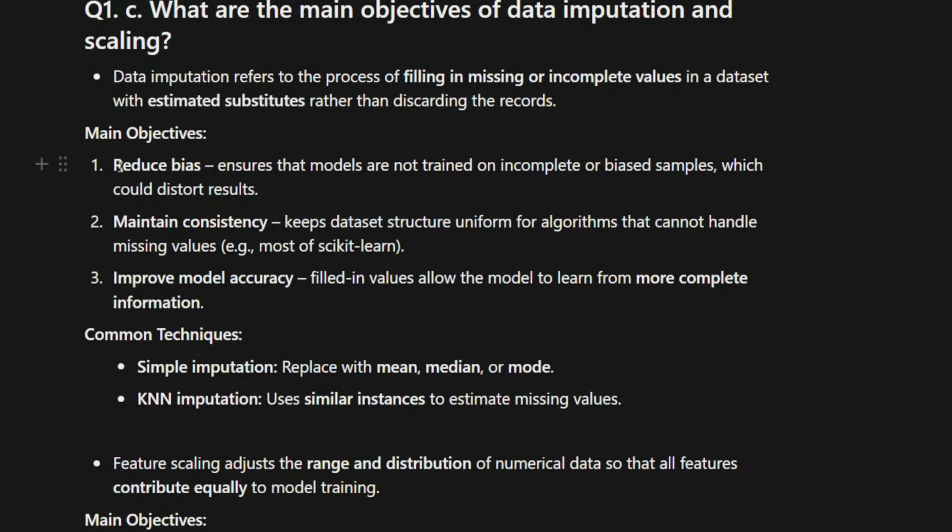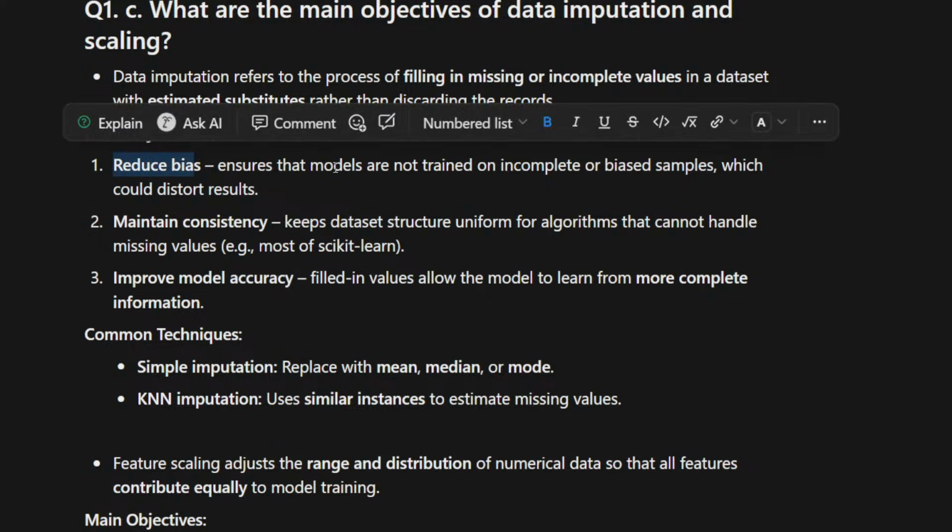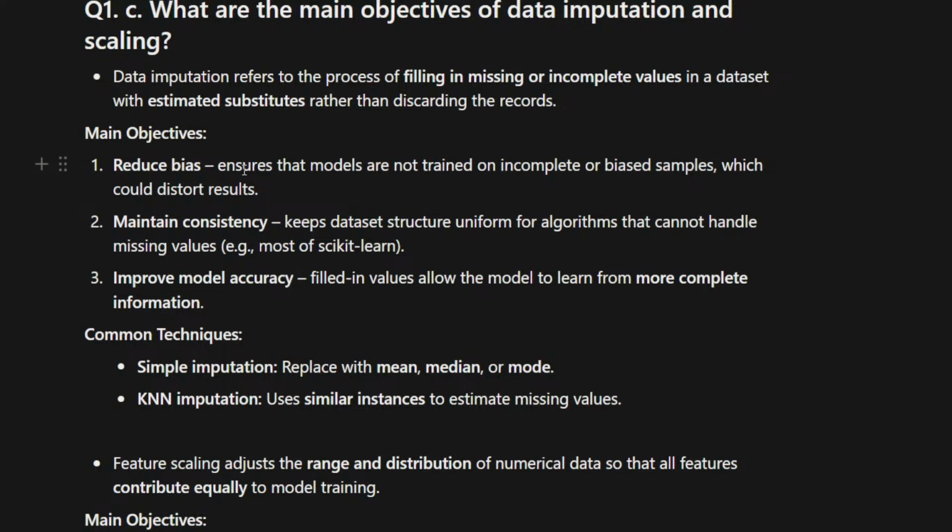Main objectives: reduce bias. This ensures that the models are not trained on incomplete or biased samples. For example, if in the dataset all the small values are missing, then obviously the training data is biased towards greater values, right?